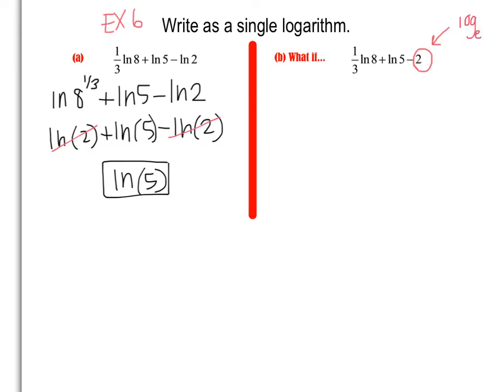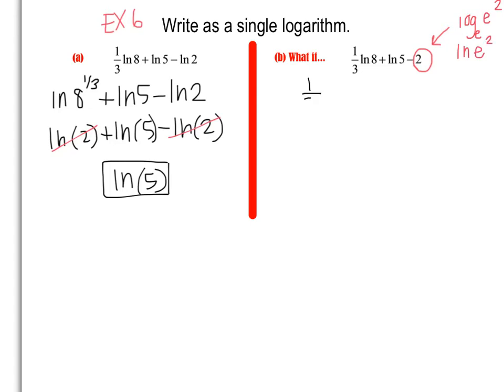Well, the only way that's going to happen is if you have e squared here. So I think you can agree that that's equal to 2. You would drop down the exponent of 2, and log base e of e is just 1. So really we can rewrite 2 as the ln of e squared, because the ln of e squared is 2.